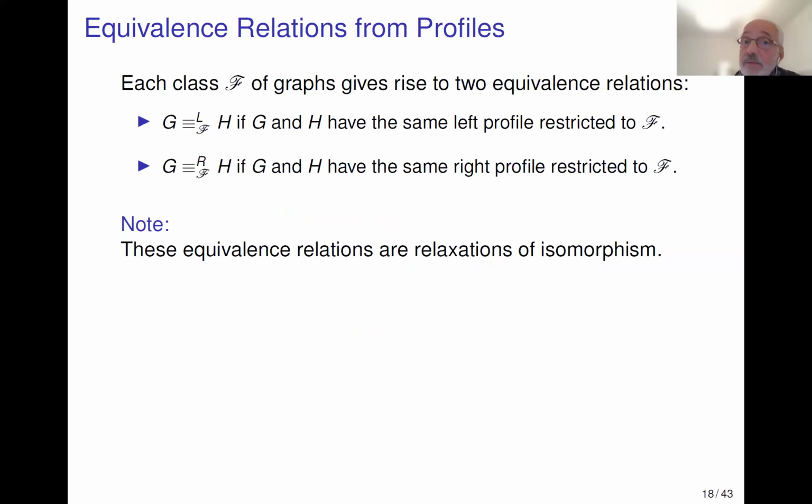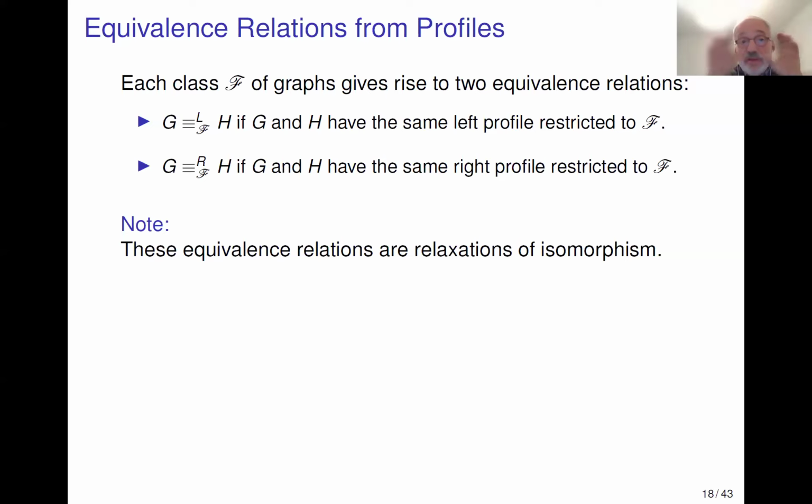In turn, now, every class of graphs gives rise to two equivalence relations. Fix a class of graphs. The left equivalence relation says two graphs are equivalent if they have the same left profile restricted to F. The second says two graphs are equivalent if they have the same right profile restricted to F. So this is the most fundamental notion in this talk.